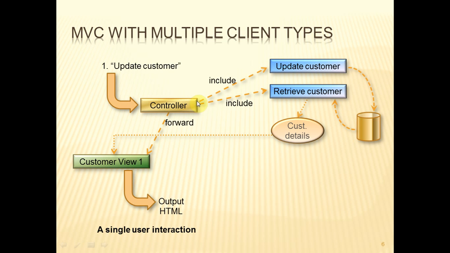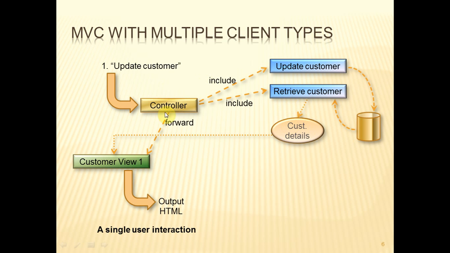Now in this example we're going to issue an include command to invoke update customer, which will change the database, and then the controller will invoke retrieve customer, which will extract the information from the database and set up a bean.